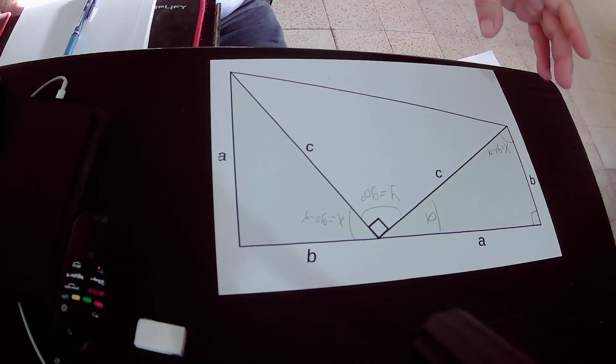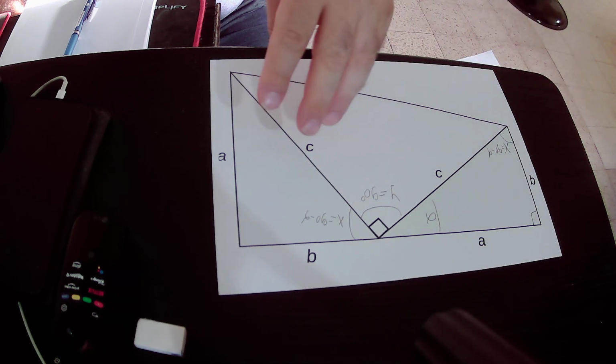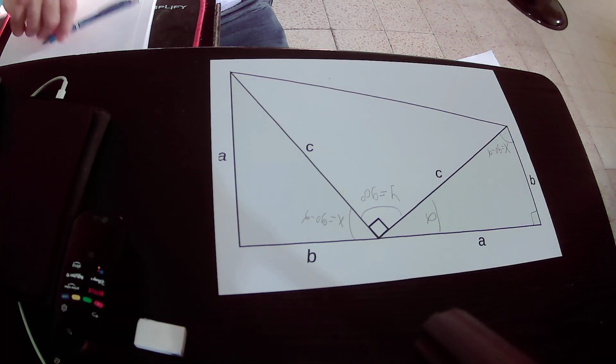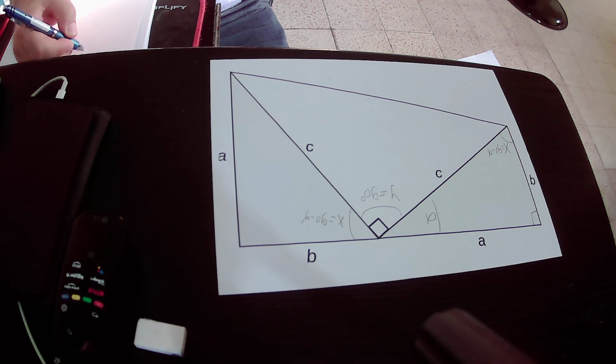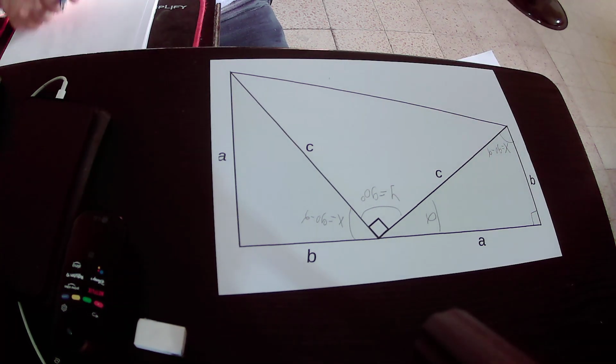So the sum of the areas of these three triangles will be the area of this trapeze. So S equals the area of the trapeze equals the area of this triangle.